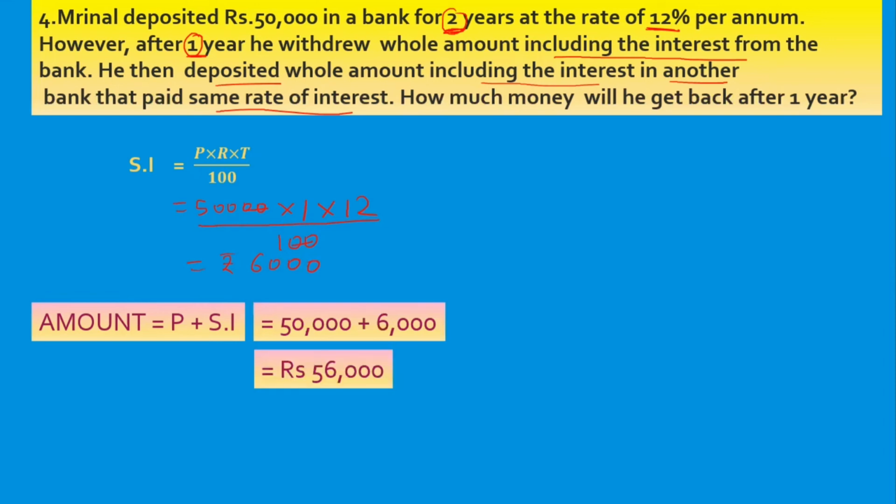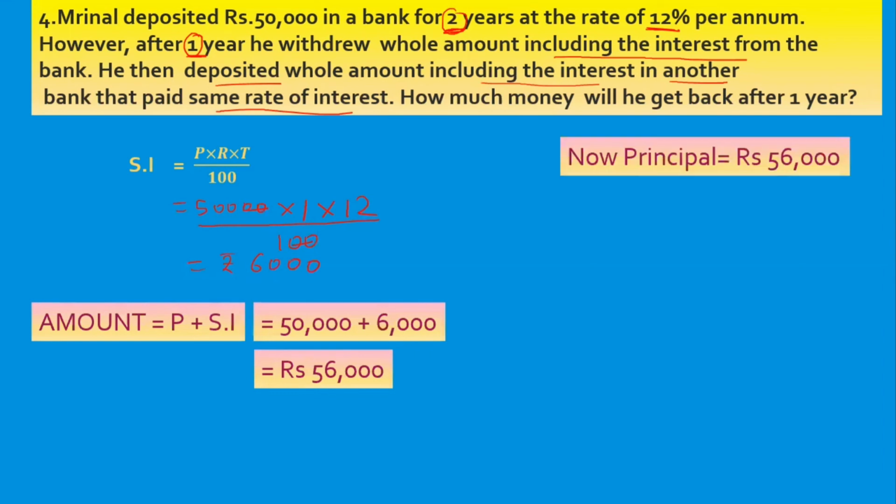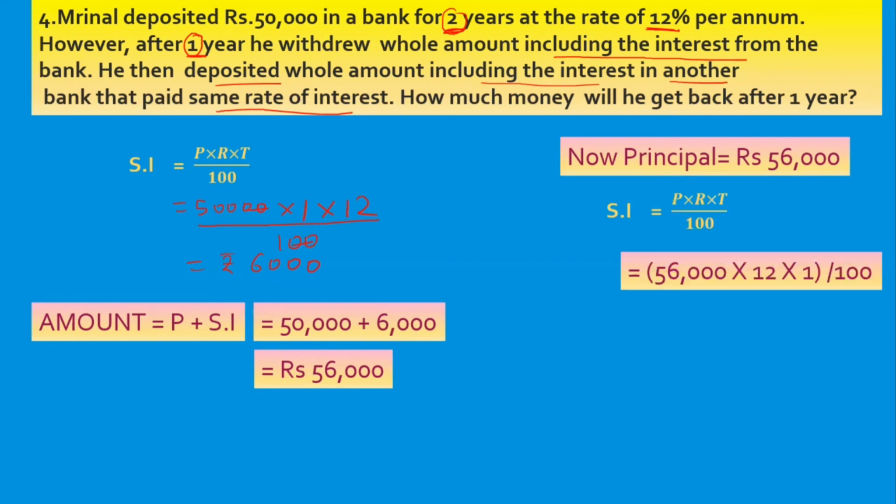Now, the amount at the end of the first year becomes the principal for the next year. That is what is compound interest, which we are going to learn in the next video. So the principal now, the money which he is going to deposit into another bank, is 56,000, and he has deposited it for 1 year. Let us simplify and calculate this. 56,000 was the principal. The rate of interest was the same, 12% per annum, for 1 year, divided by 100.